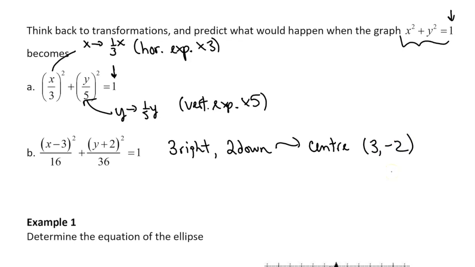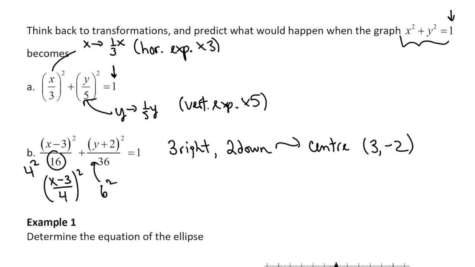And this 16 and this 36, they're perfect squares because you could have written it as saying x minus 3 over 4 all squared, but generally we separate the numerator from the denominator, so we just have to understand that this is like saying 4 squared, just like that 36 is like saying 6 squared.